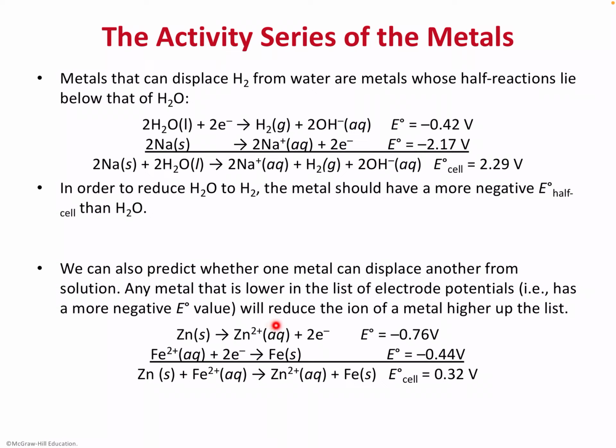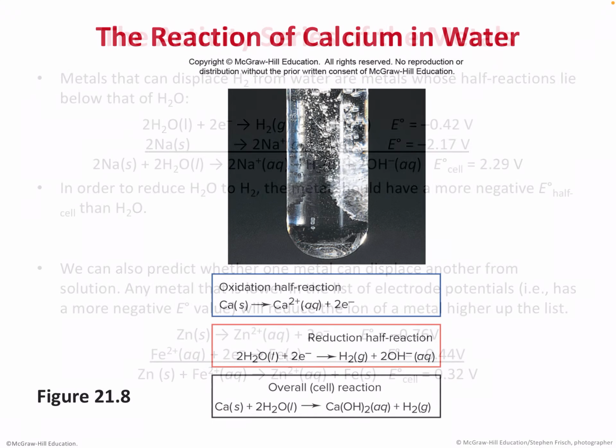Oxidation will happen in zinc and reduction will happen in iron, because zinc has a more negative value. The more negative value will undergo oxidation. So your E naught cell is going to be cathode minus anode, and this is your cathode, negative 0.44 minus negative 0.76. So this would become positive, so 0.76 minus 0.44, 0.32. Okay, E naught cell.